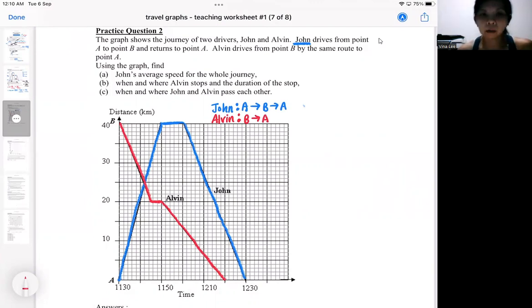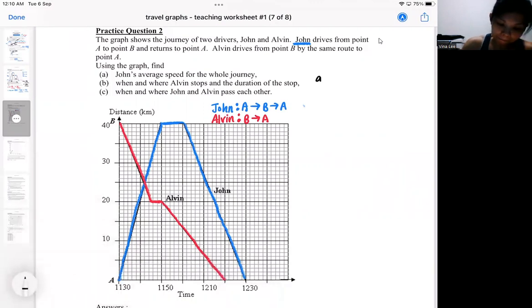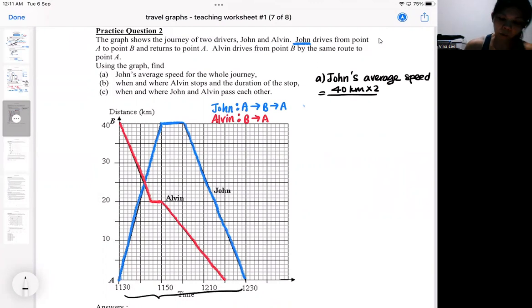If I want the average speed for John, I need to get the total distance. Because he makes a to and fro journey, his total distance will be 40 kilometers times 2. And altogether, he takes 1 hour. So that is 80 kilometers per hour.